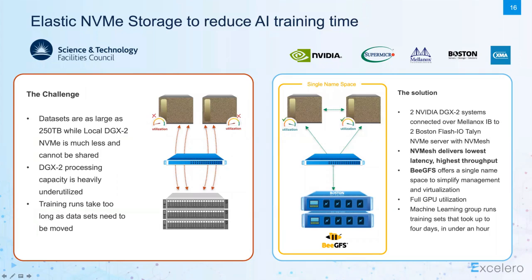Then we have the Science and Technology Facilities Council. This is a United Kingdom government agency that specializes in science and engineering research. They acquired a couple of DGX-2s for some deep learning training, and they realized really quickly, again, that these systems can only hold a couple of double-digit terabytes in capacity, but many of their data sets were 200 plus terabytes in size or larger.